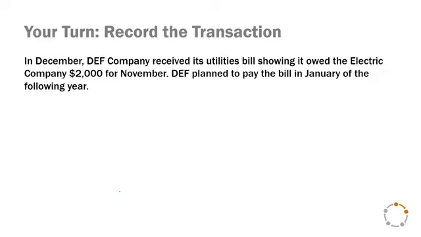In December, DEF Company received its utilities bill showing that it owed the electric company $2,000. DEF planned to pay the bill in January of the following year. So let's record the transaction for what happened in December.